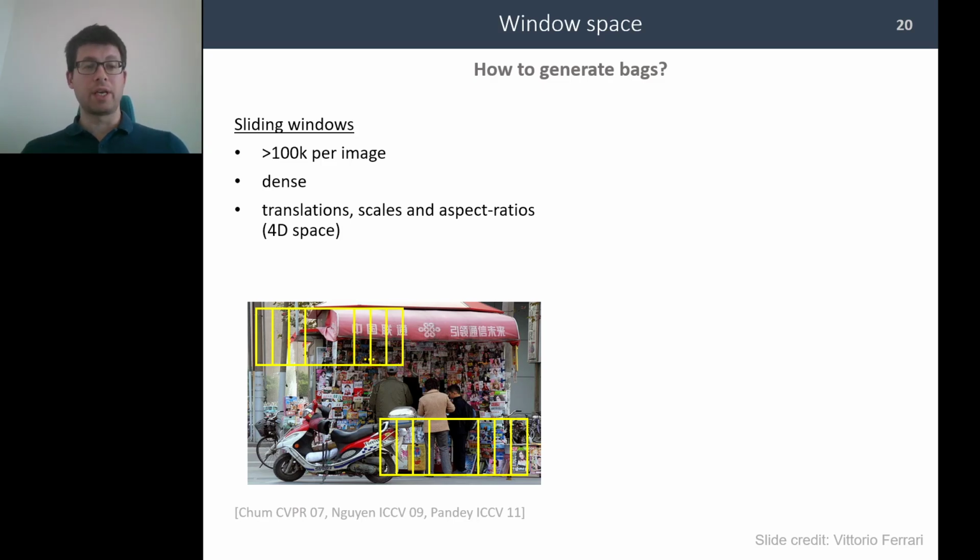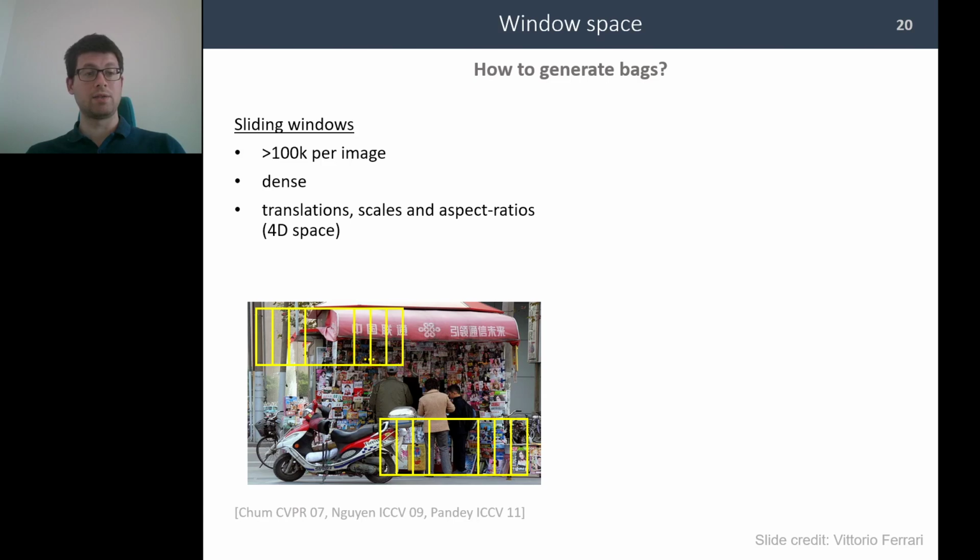Okay, so let's talk about how we can generate bags. We are given an image, we know its label, but we need to divide the image into parts. Obviously, if we have no idea where the object instances might be, we can generate sliding windows in a brute-force way.